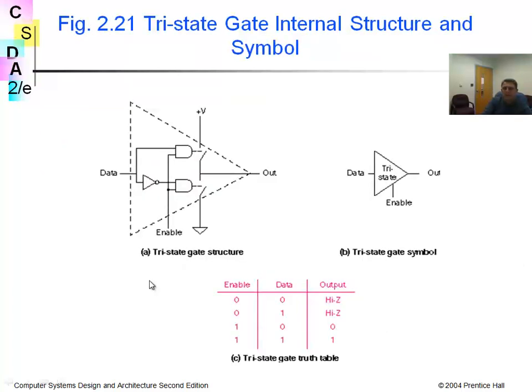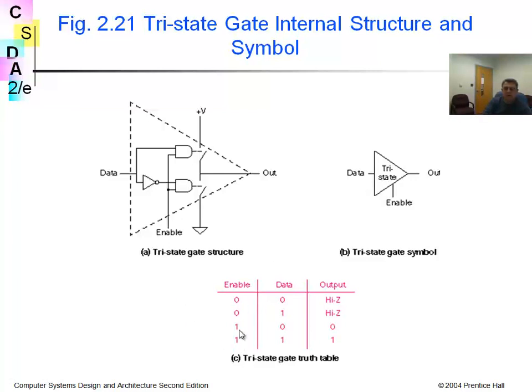And again, here is the tri-state gate internal structure and symbol. You put the data here and you put the enabler here. Once the enabler is on, you gate the data, and data comes out. So if enable is 0 and data is 0, basically you have nothing going on.